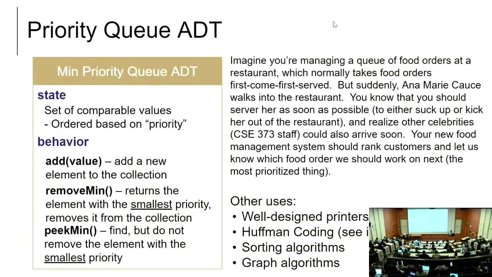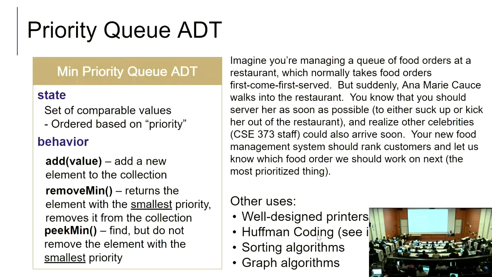Okay, here are the details for a priority queue. It has add, and the difference is that instead of remove and peek, it's removeMin and peekMin, meaning sort of the next highest priority. Really good uses for this would be sorting algorithms, graph algorithms, printers, triaging, things like that.